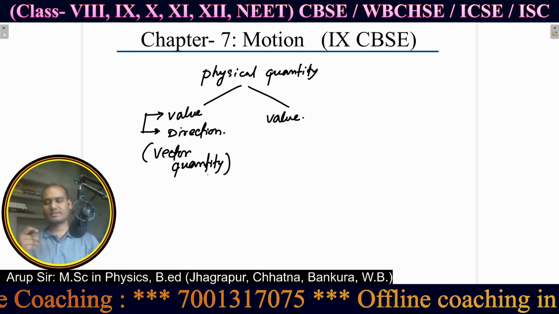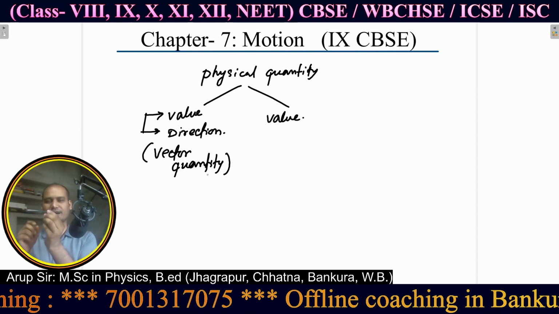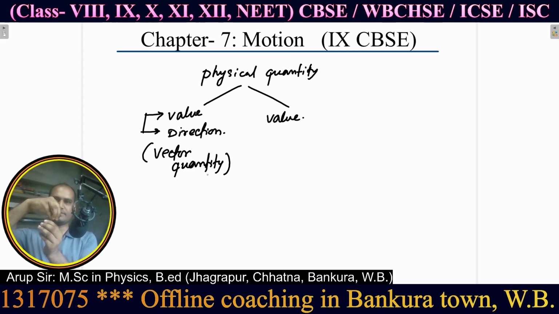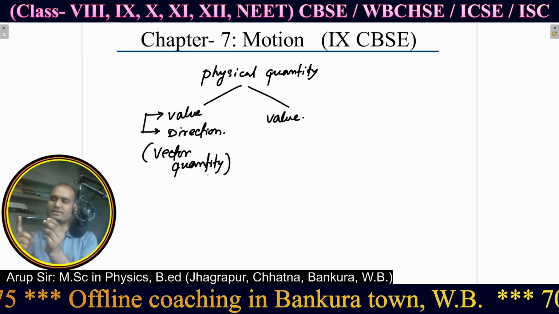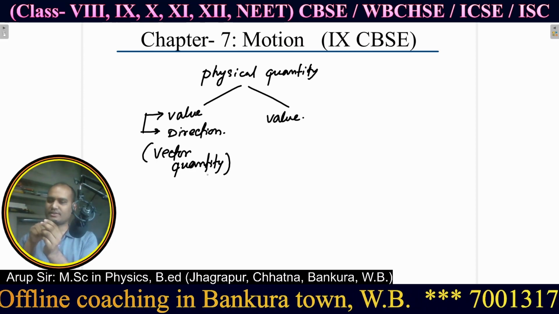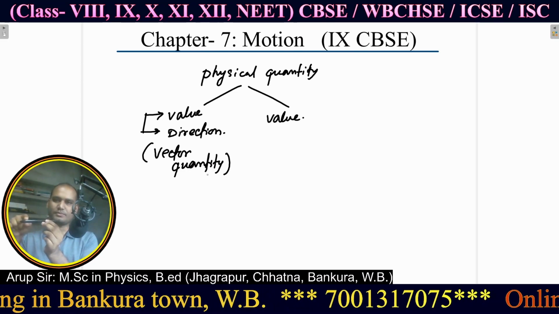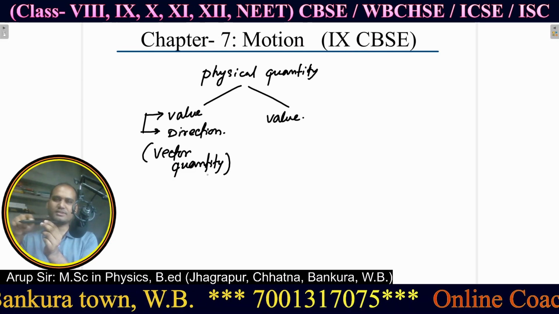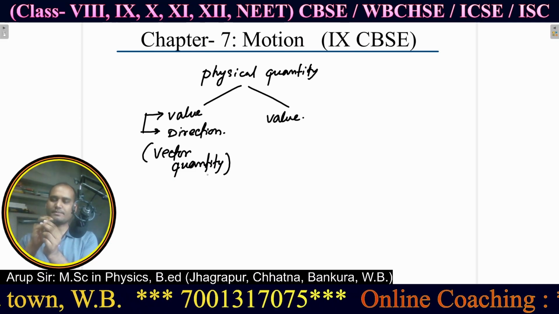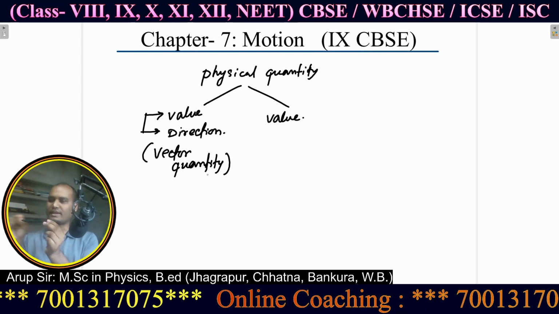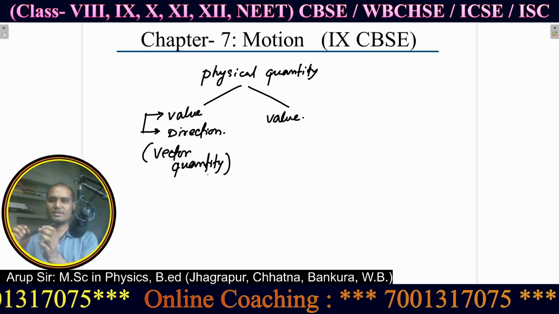Let's suppose an ant or an insect is here, and it is moving from this end to this end along a straight path. So it has a particular direction, that the ant is moving along this direction always, right?